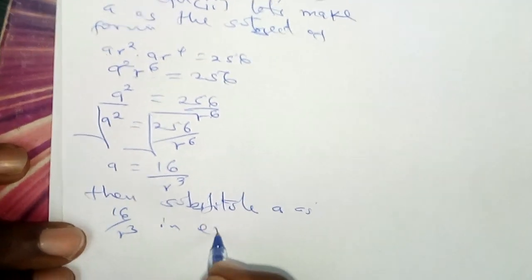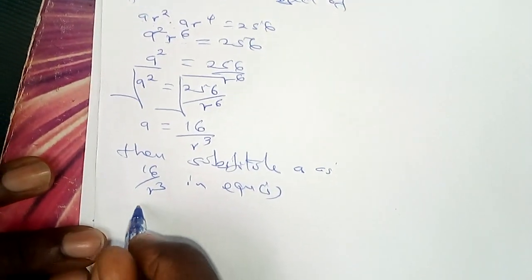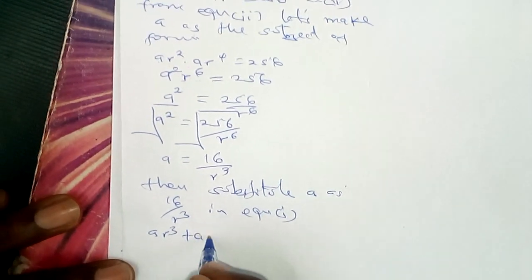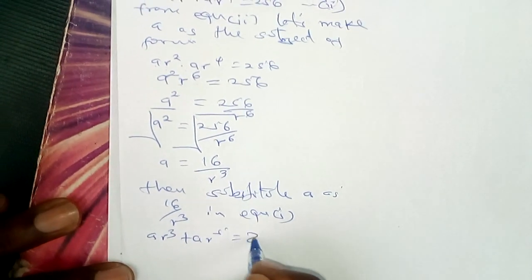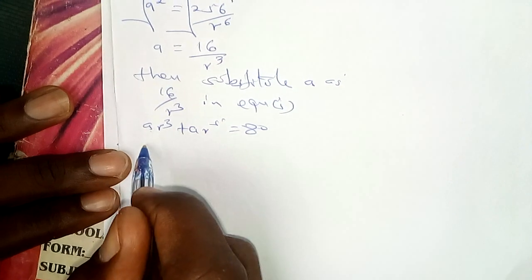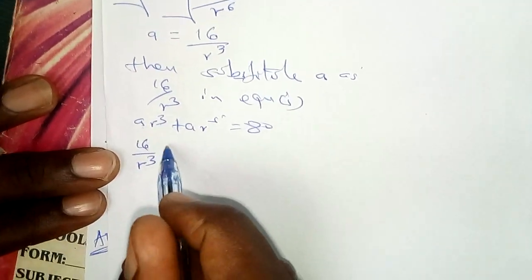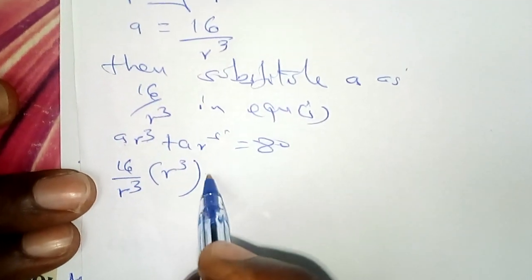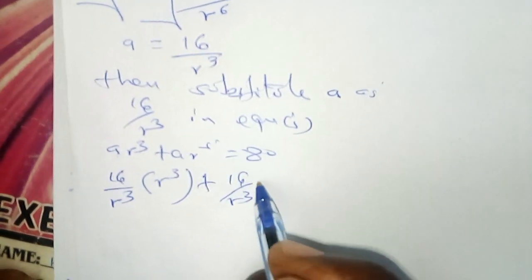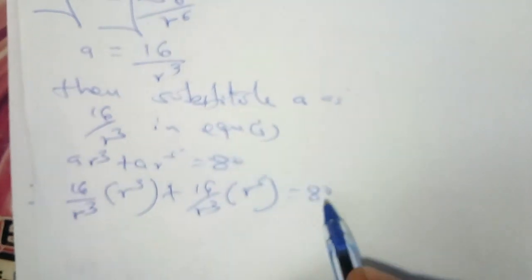in equation 1. Equation 1 was A R raised to 3 plus A R raised to 5 is equal to 80. Now let us substitute A as this. So you have 16 over R raised to 3 multiplied by R raised to 3, plus 16 over R raised to 3 multiplied by R raised to 5, is equal to 80.